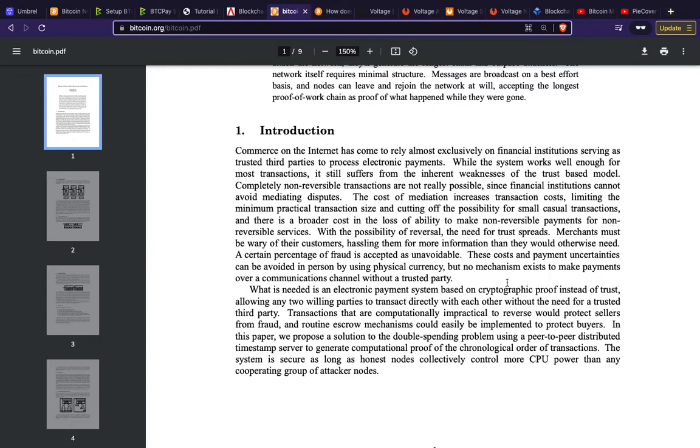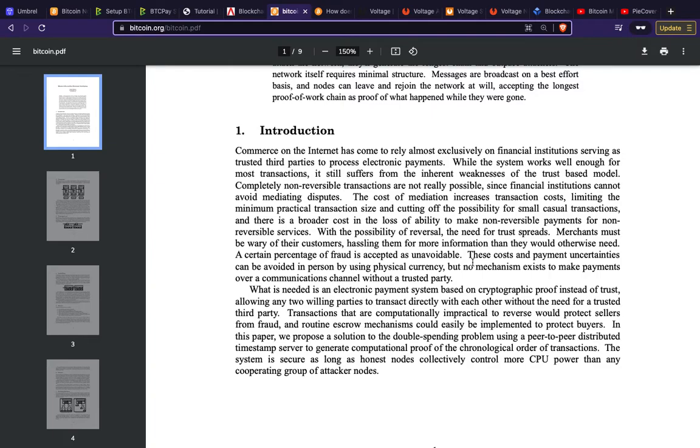In this paper, we propose a solution to the double-spending problem using a peer-to-peer distributed timestamp server to generate computational proof of chronological order of transactions. The system is secure as long as honest nodes collectively control more CPU power than any cooperating group of attacker nodes.